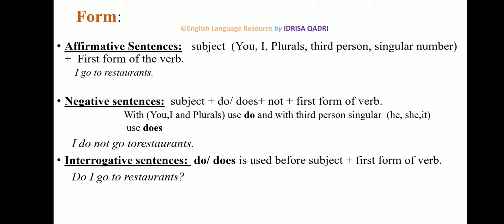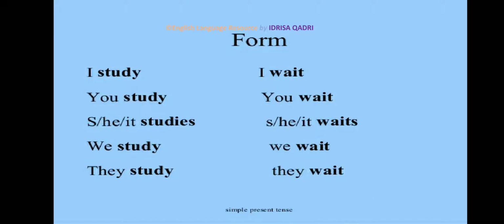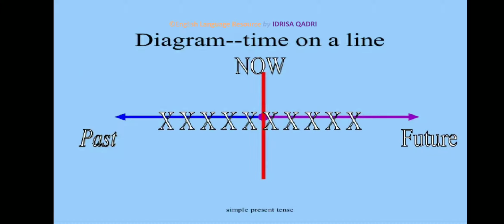With third person singular, for example, he or she, use does. In interrogative sentences, do or does is used before subject plus first form of verb. Here the examples are given. The form of simple present tense has more examples like this. The diagrammatic representation of simple present tense is also given.